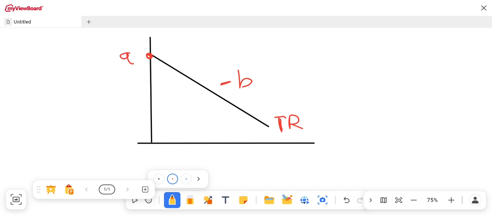So we will draw another line, marginal revenue, and the slope of this is minus 2B. From this we can conclude that marginal revenue falls with a greater speed than TR.